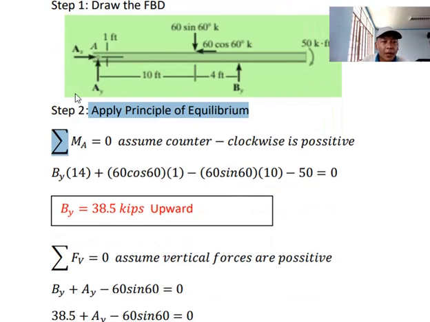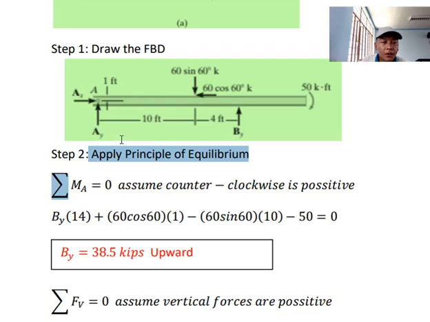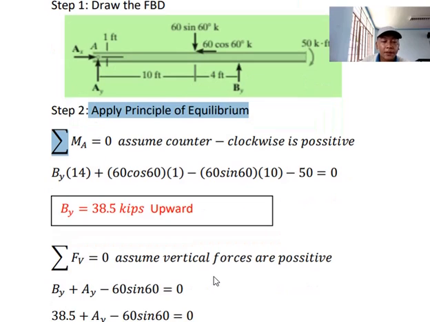Then to solve Ay, you can sum up moments at B equals 0, and you can also sum up vertical forces equals 0. So assume upward forces are positive.